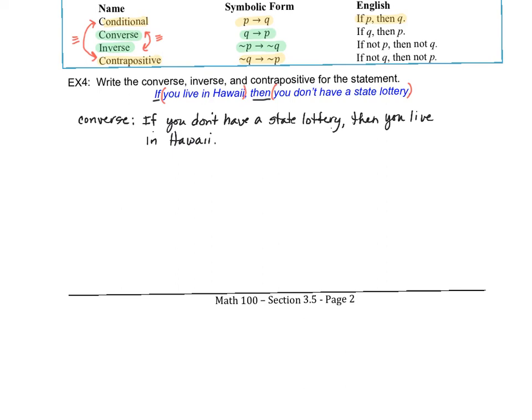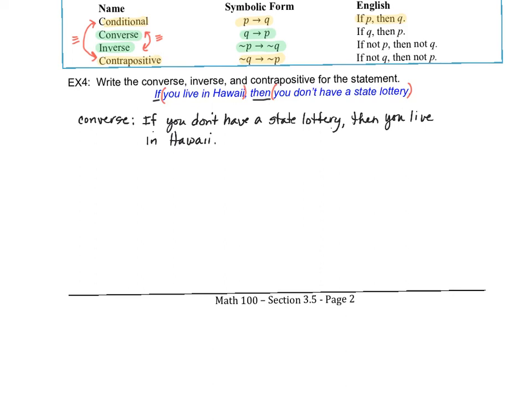And I can already see that this converse is not equivalent to the original statement. The original statement, if you live in Hawaii, then you don't have a state lottery, is actually true because Hawaii doesn't have a state lottery. But look at the converse. If you don't have a state lottery, then you live in Hawaii. Well, that's not true.